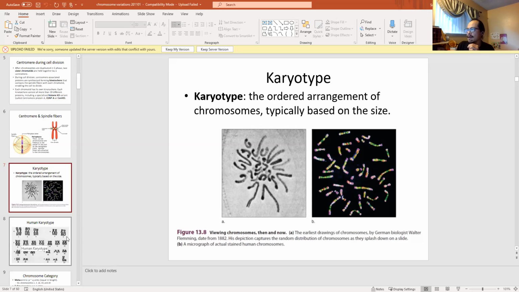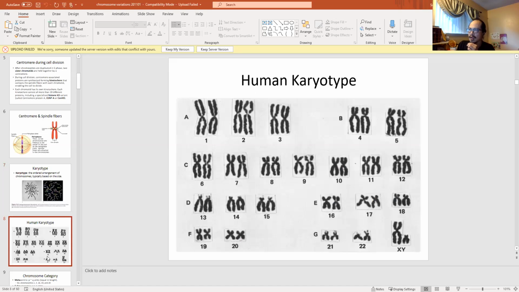Nowadays, we can even do different staining to show the banding patterns of each chromosome. This is the typical human karyotype. This one shows the chromosomes after the S phase, when the chromosomes are duplicated.